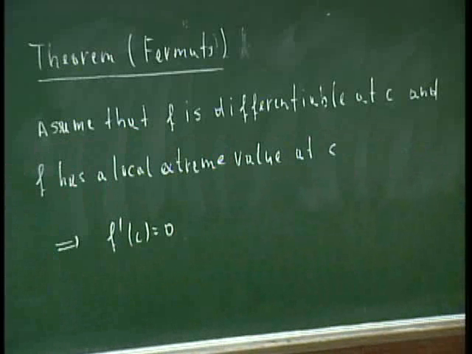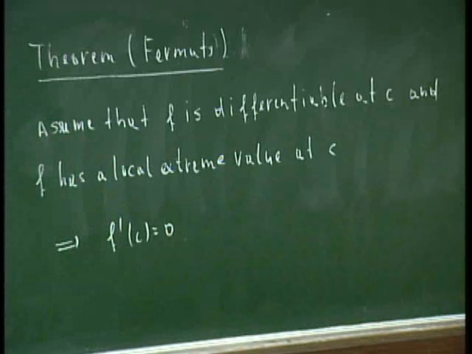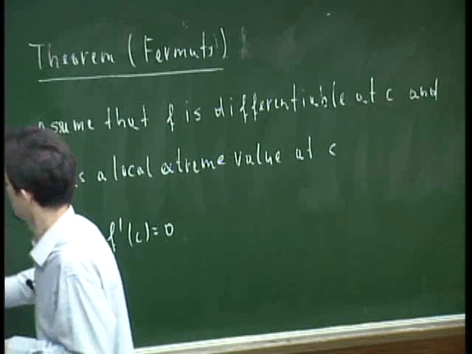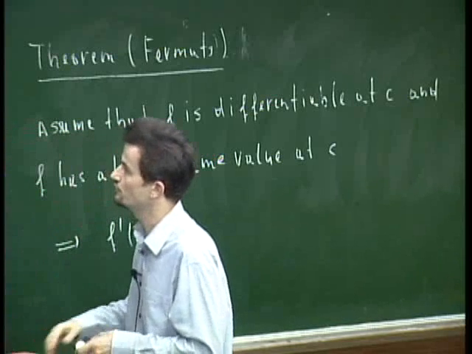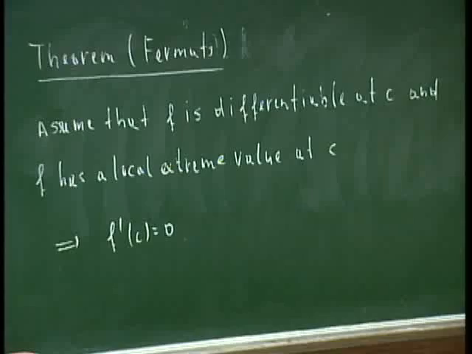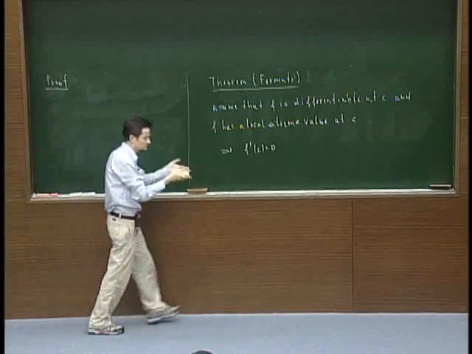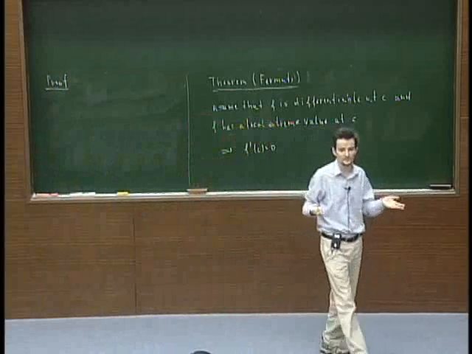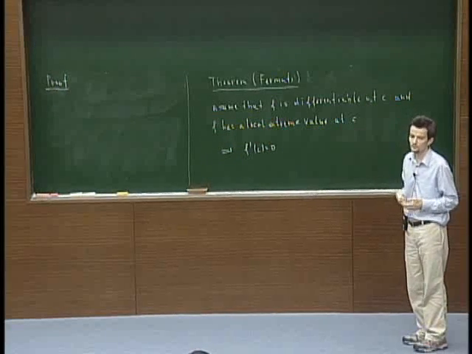So maybe let's just quickly look at the proof. The proof is not very complicated. If you look at the graph, everything is clear, but arguing without the graph, you just have to write more.